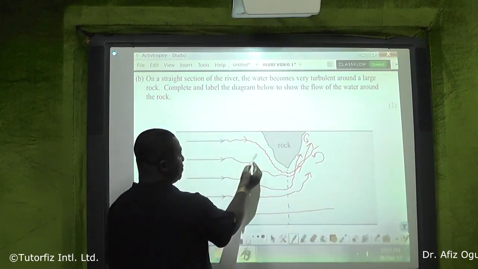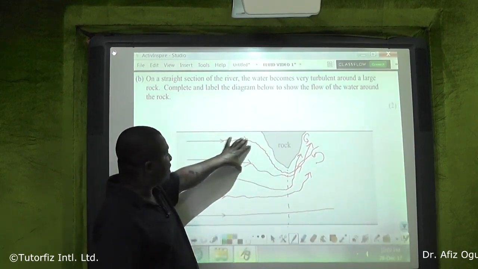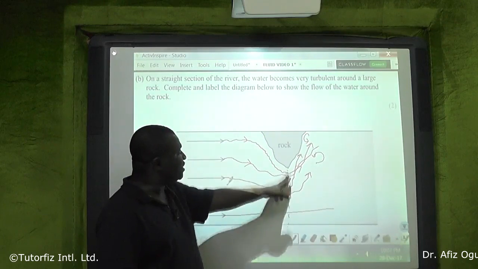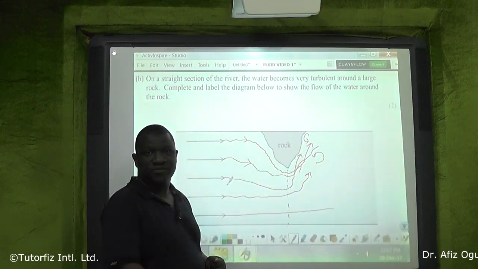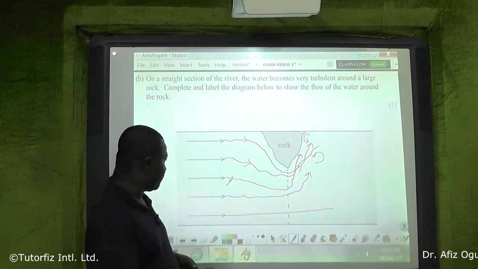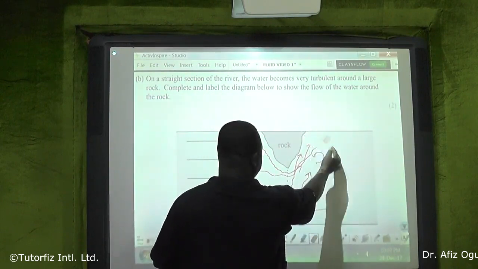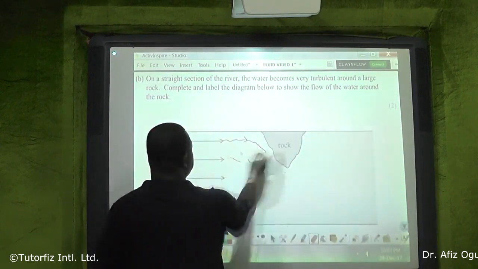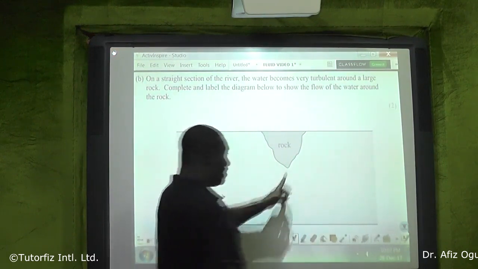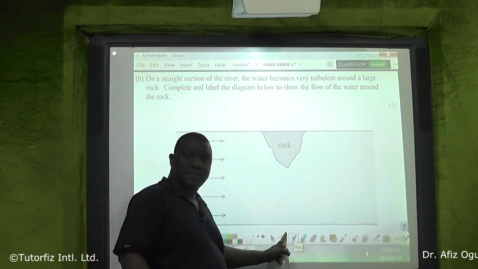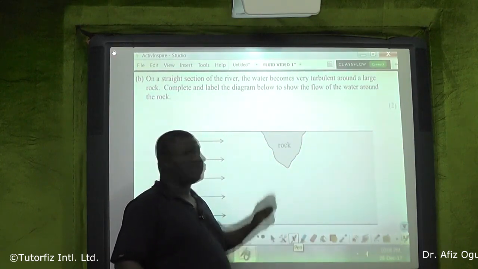So you can see now that because it is getting close to a rough edge, it becomes wavy. Then when it crosses the sharp angle, mixing of layers occurs, because it passes the sharp angles, and as it's getting close to the rough edges of the rock, it's not smooth.